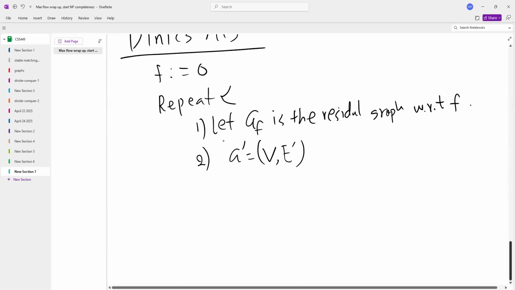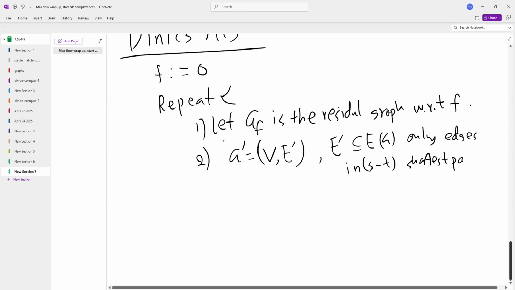These edges are going to be a subset of the original edges, and these are going to be only edges in s-t shortest paths. Okay, what does this mean? We'll look at an example, but this is the shortest hop paths. Here in flow, shortest always means shortest hop paths.